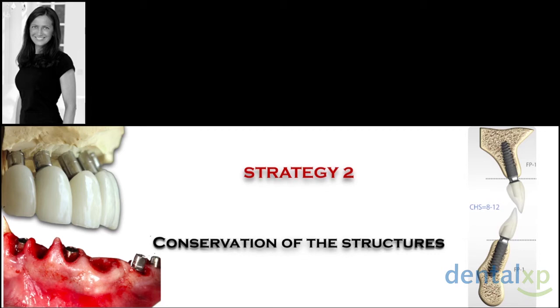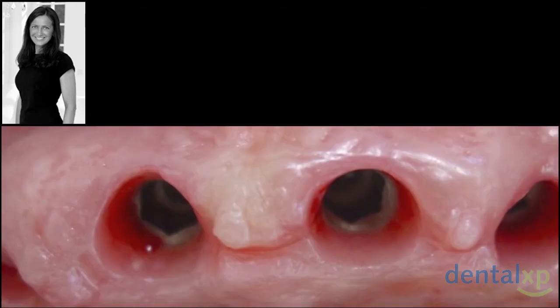Strategy 2 is the strategy of full arch reconstructions, FP1 situation with a good aesthetic prognosis, immediate placement, immediate loading, without opening the flap.